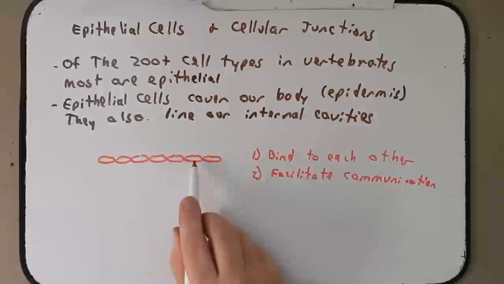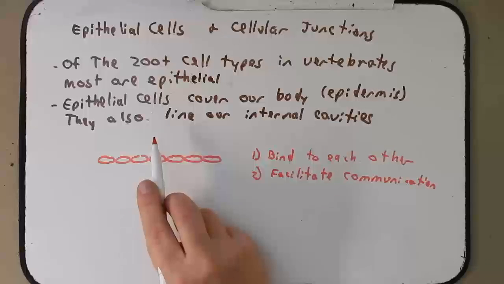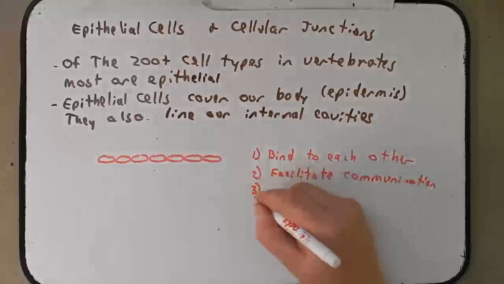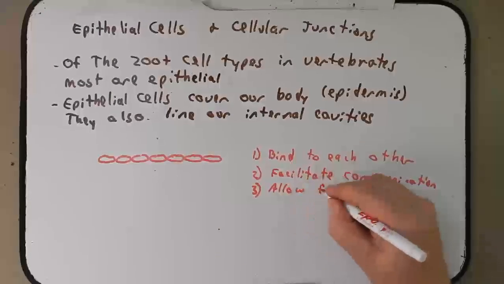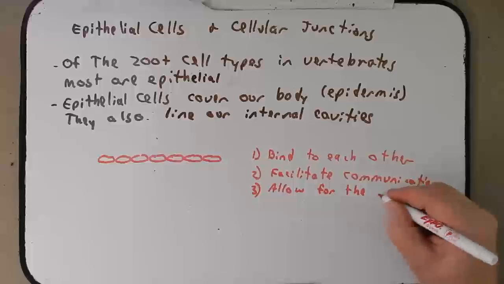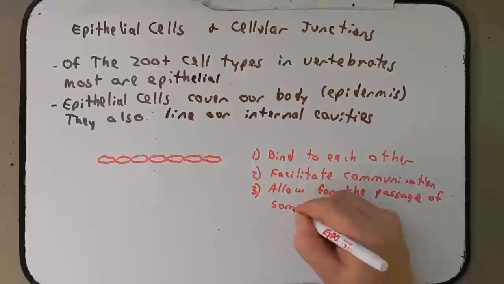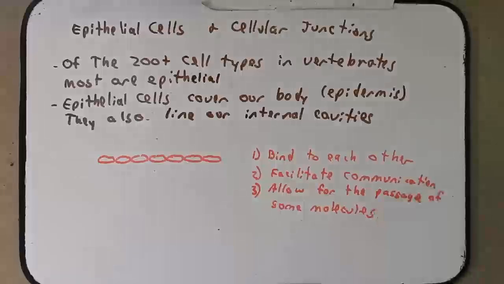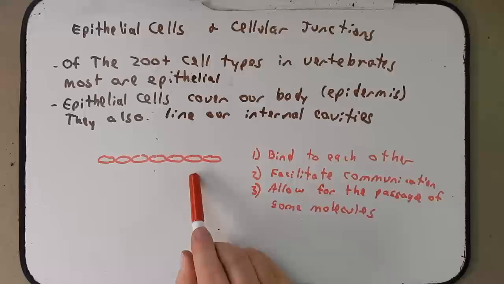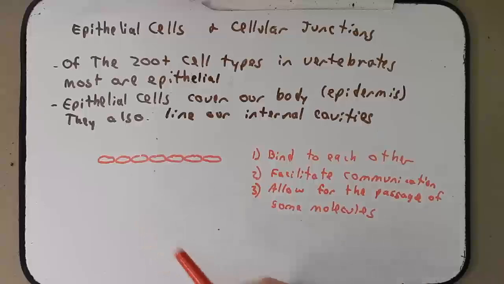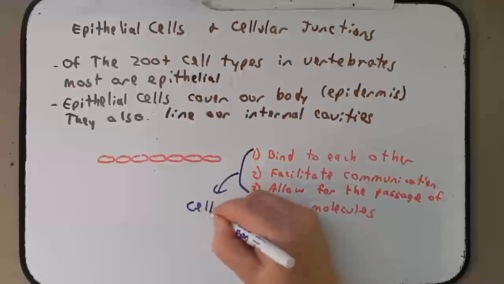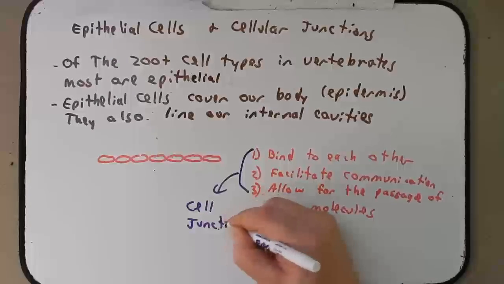So in the way they bind, they communicate with each other and between one side and the other side of the tissue, and they will allow for the passage of some molecules across the epithelium, but not all. So the way they're held together and the way they communicate is all going to be dependent upon cell junctions. So all of this is linked to cell junctions.